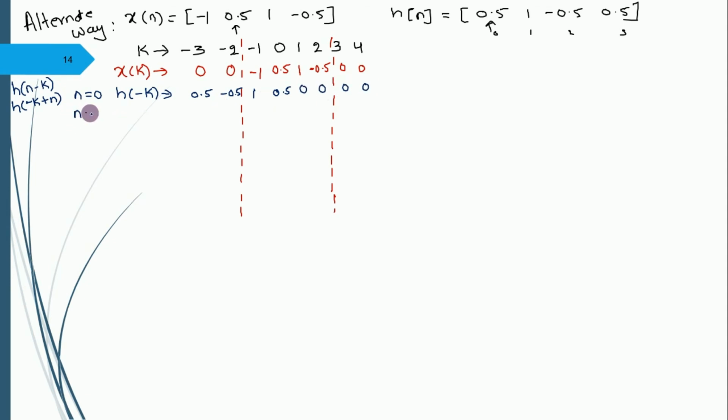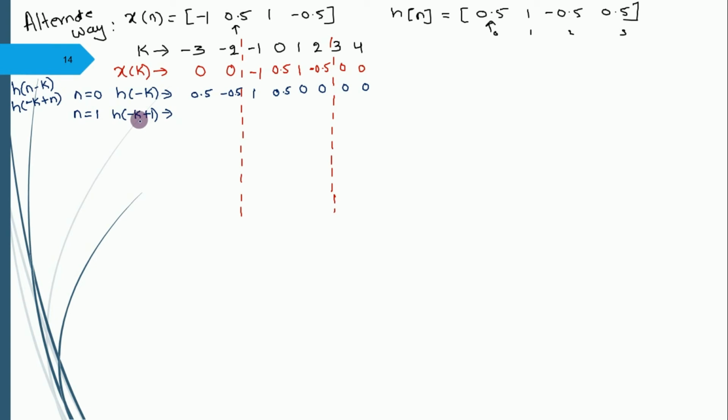Similarly, for n equal to 1, h of minus k plus 1 should be performed. Whenever I write it as plus 1, you should shift it to the right, because it is already the reflected version. So don't go with the previous session's analysis, like when I have plus 1, I have to shift it on the left. It's not like that. You should shift it on the right, because we have already reflected it.